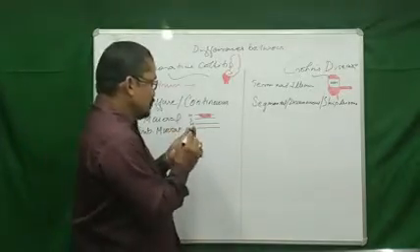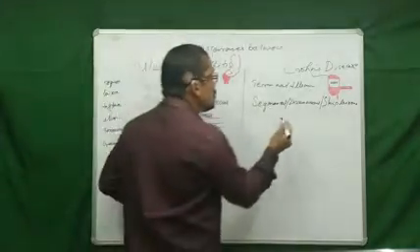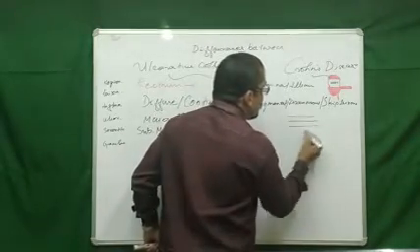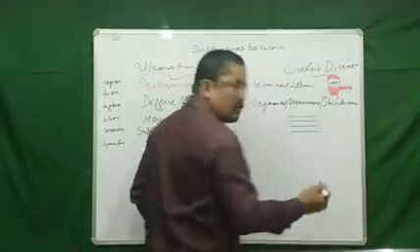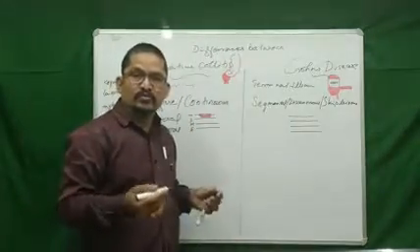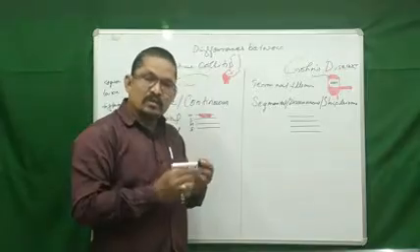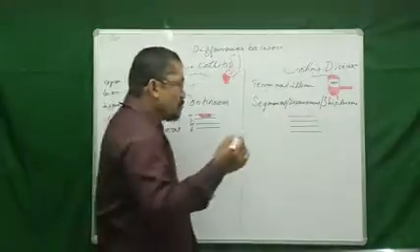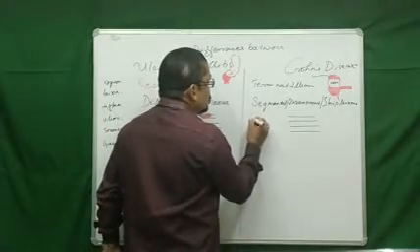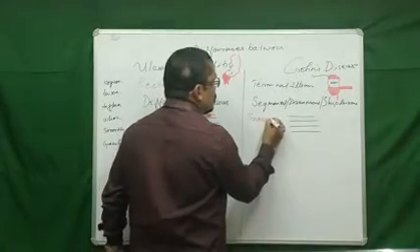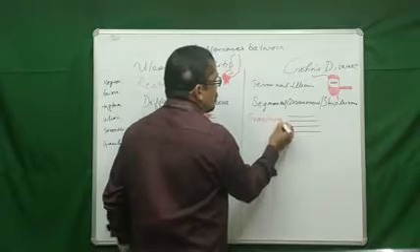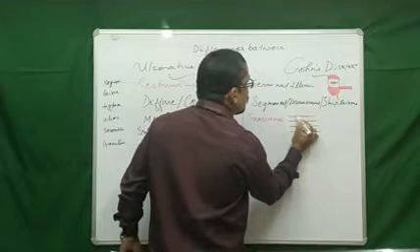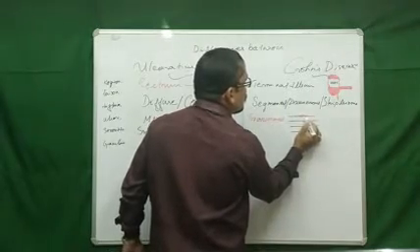But in the case of Crohn's disease, the ulcer can involve all layers of our small intestine or large intestine. That is why it is known as transmural. Let us see. First, the ulcer is formed over the mucosa of the colon.